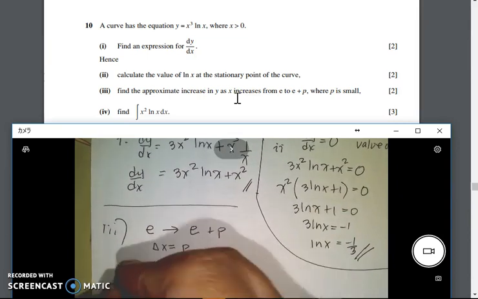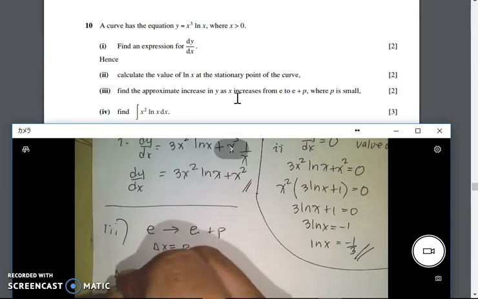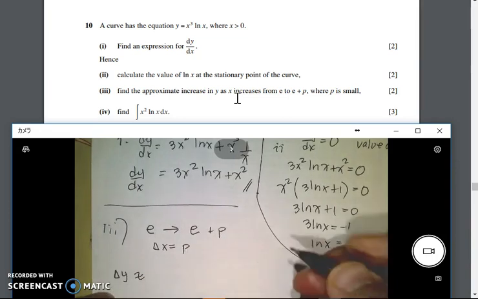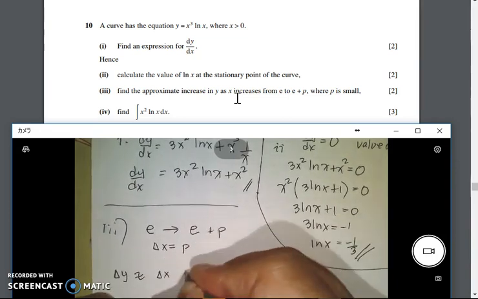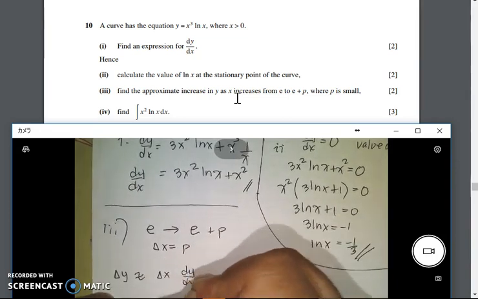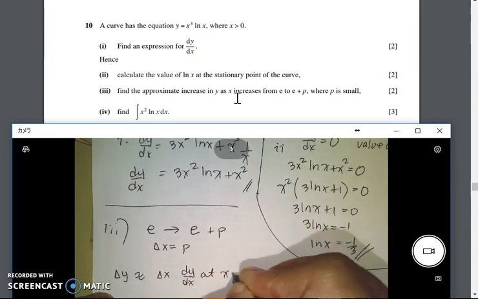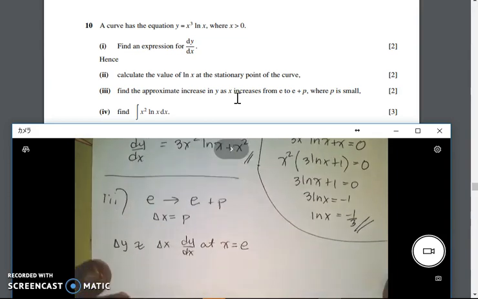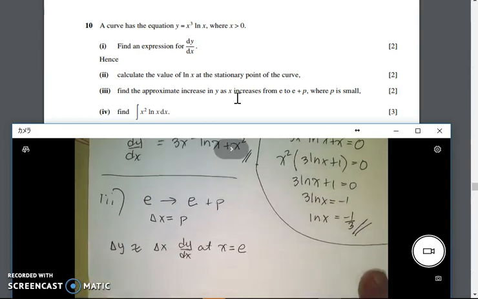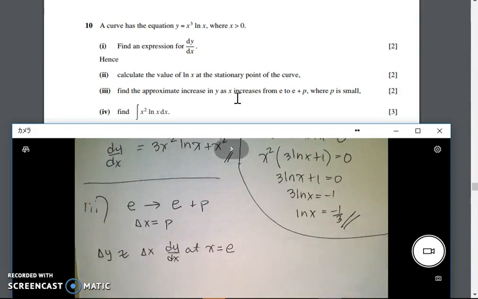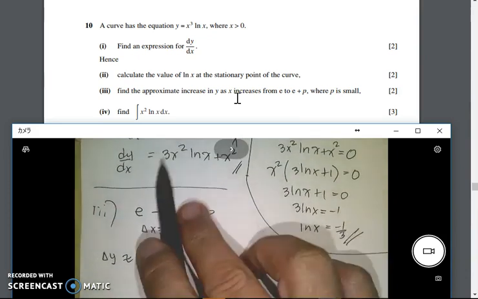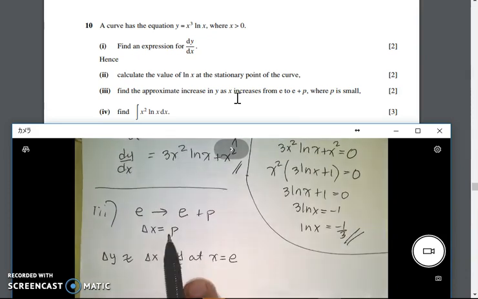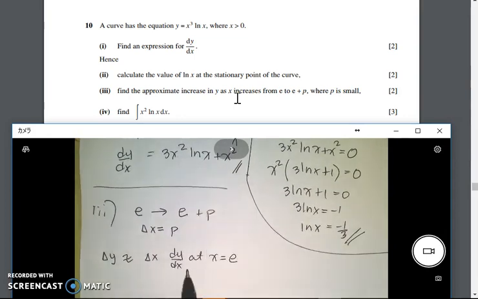Our formula was that the approximate change in y is equal to delta x times dy/dx at x equals a, in this case at x equals e. Our derivative from a while ago is this. We already got delta x. Then we need to find dy/dx at x equals e.